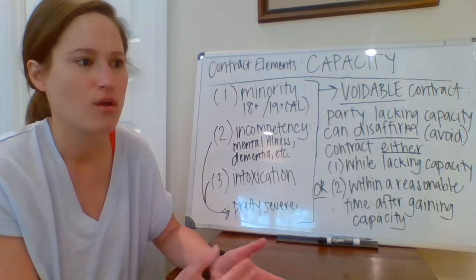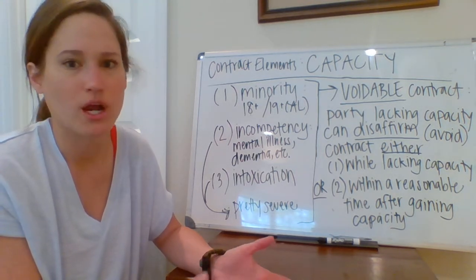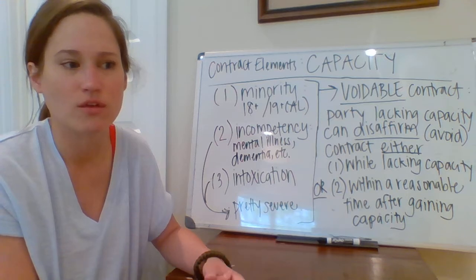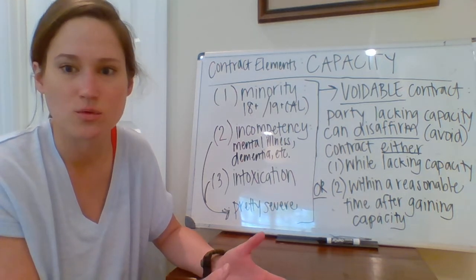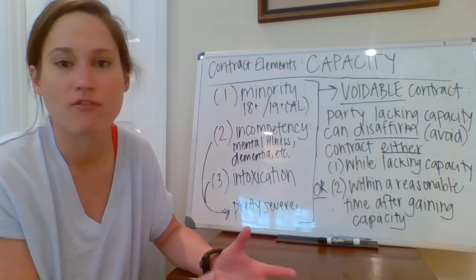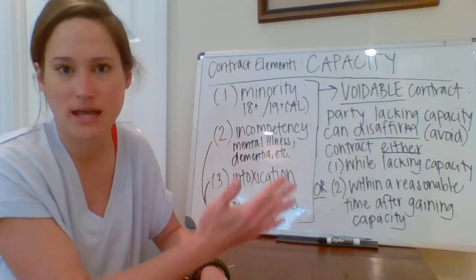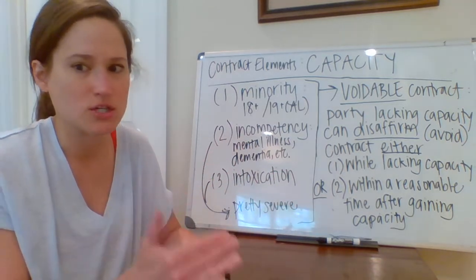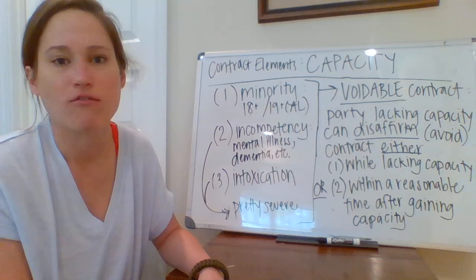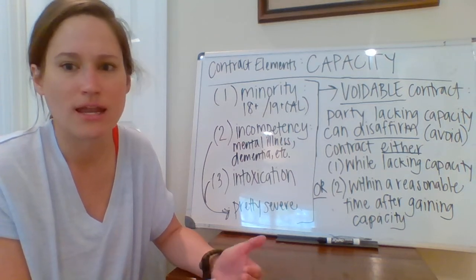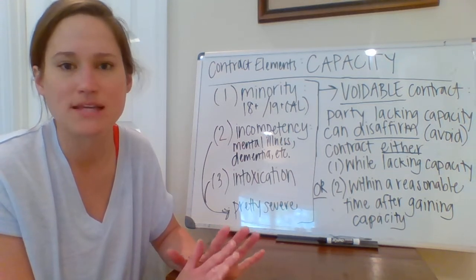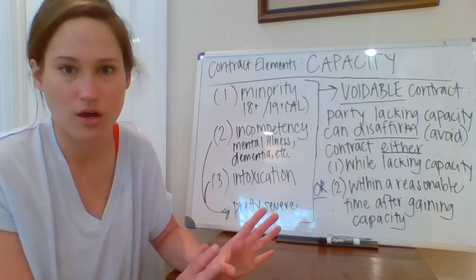You may have any number of people walking around every single day who are dealing with generalized anxiety disorder or depression or whatever it is. So we're certainly not saying that anyone with any type of mental illness cannot enter into a contract.